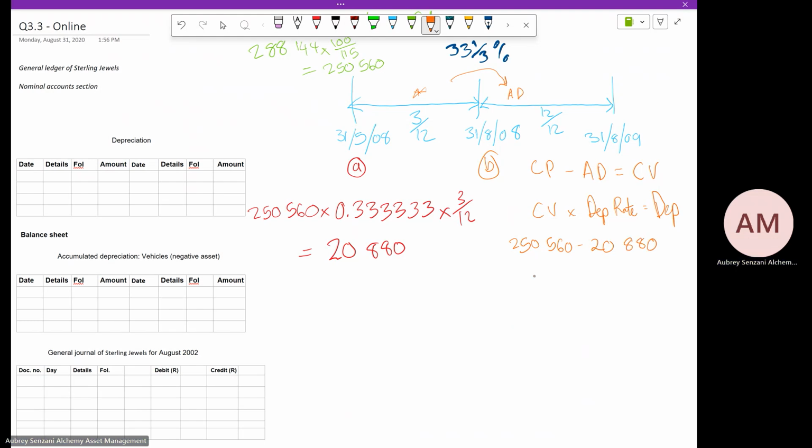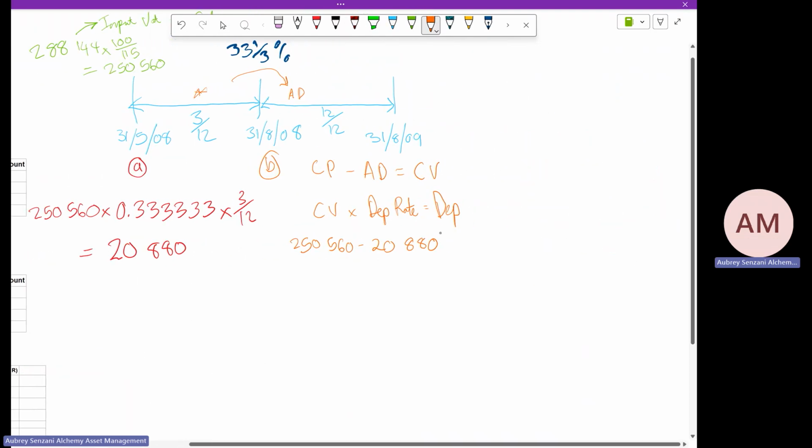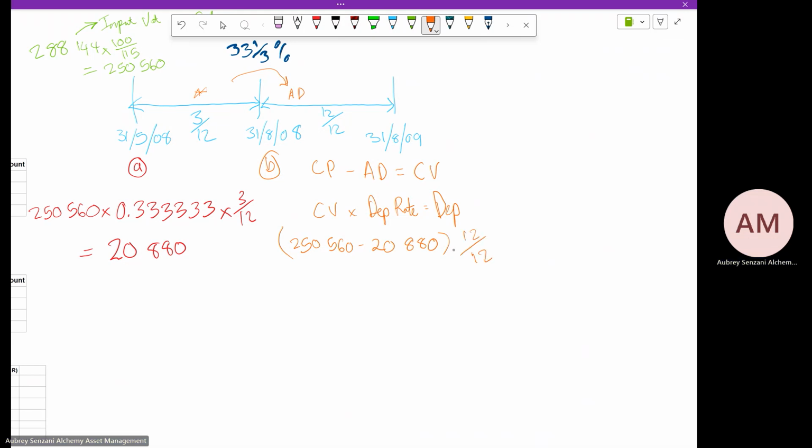You can put this in brackets and say 12 over 12, just to show this is for the full year, times the 0.333333.